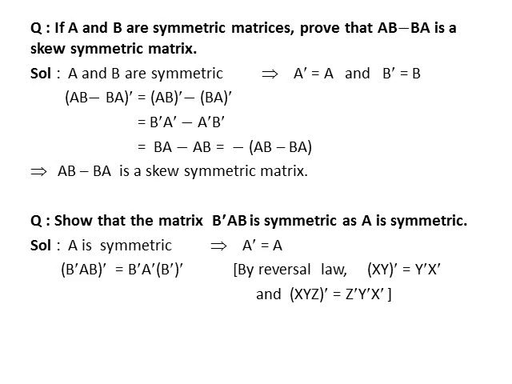Now A transpose equals A and the transpose of B transpose equals B. So this is equal to the product of B transpose A B. As we have shown, the transpose of matrix B transpose A B is equal to the matrix itself. So B transpose A B is a symmetric matrix.